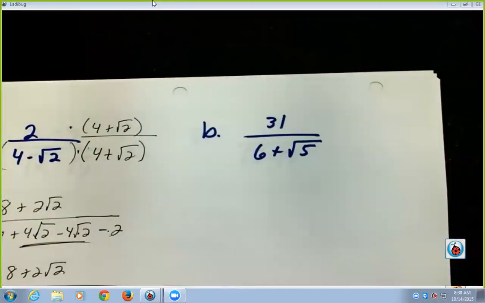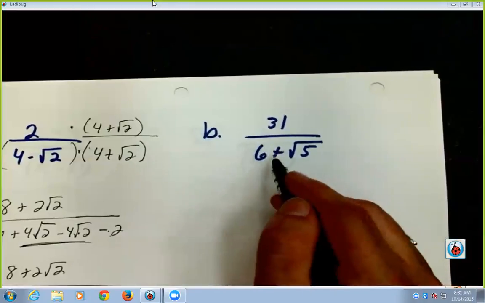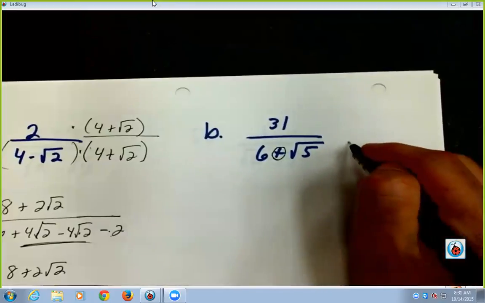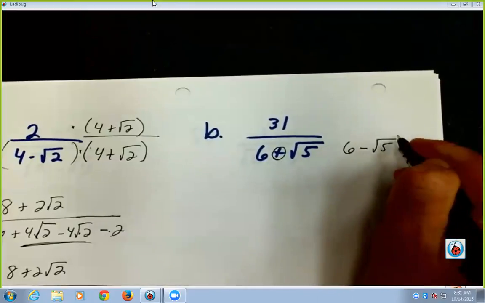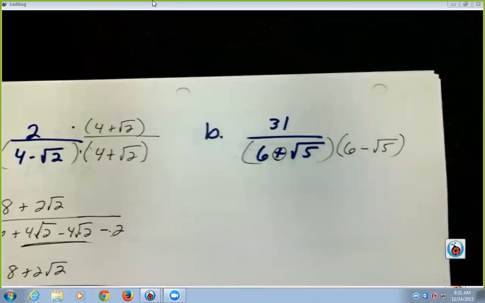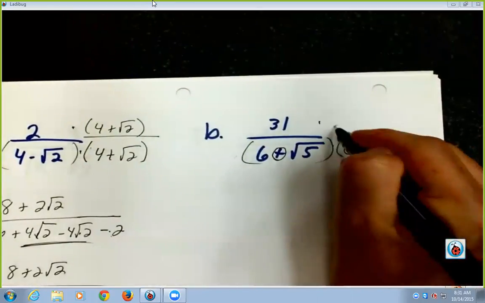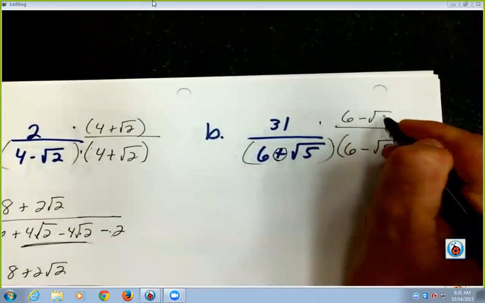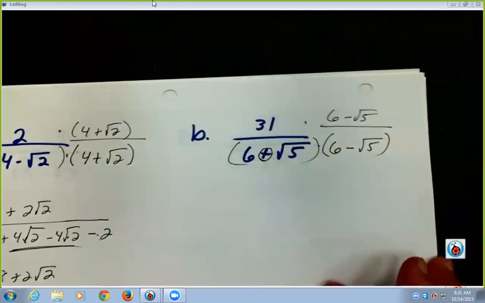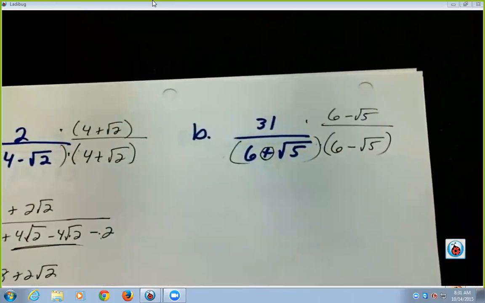Okay, so how about this one? Chance to put it on your paper. So since it's a plus sign in the center, I'm going to do 6 minus the square root of 5. And again, whatever I do to the bottom, I do to the top. So I end up getting that piece together.